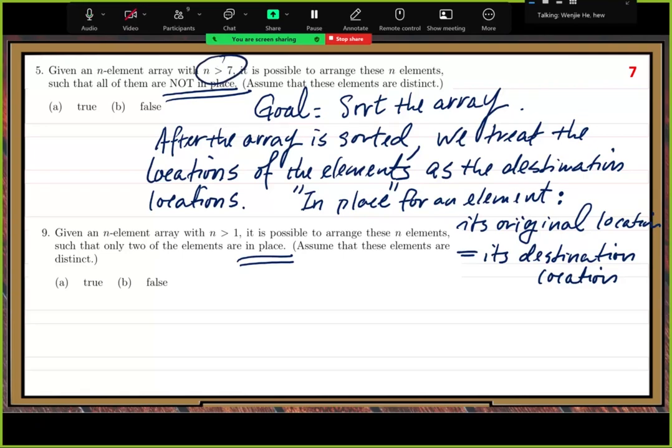This 7, I just want to make this n not too small. Because if n equals 1, that's impossible, right? That 1 element must be in place because you cannot move it.